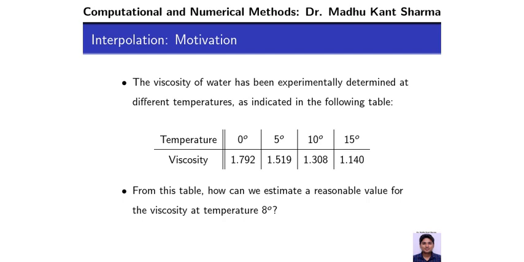Okay, so 8 degrees is not in the table, so you need to identify an interpolating polynomial of lowest degree which interpolates the given data with less error. Okay, so this is the idea for giving the answer for this problem.